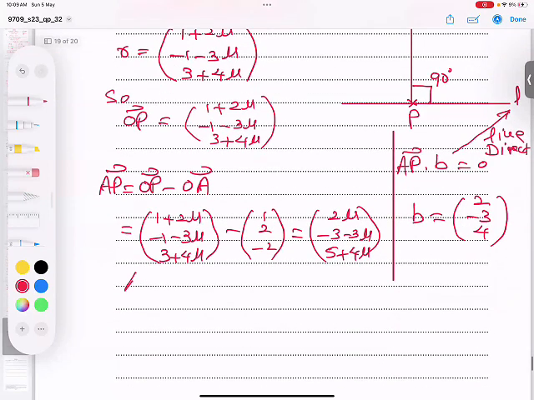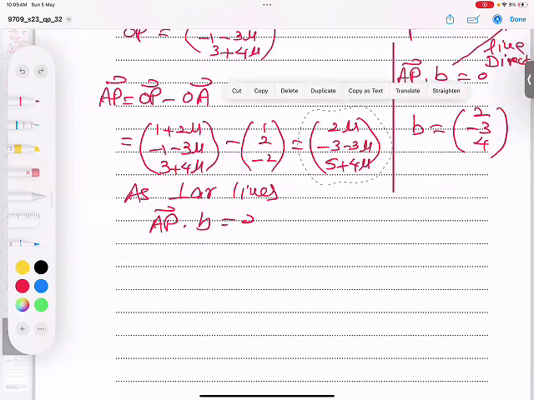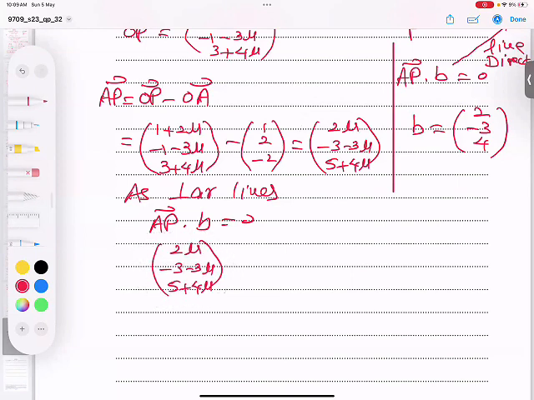And this is now with the perpendicular lines. So AP dot B is equal to 0. AP is here, 2 mu, I just copy paste from here, and dot B, B is this. In the dot product, these values multiply corresponding positions.